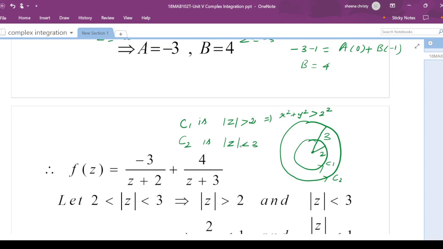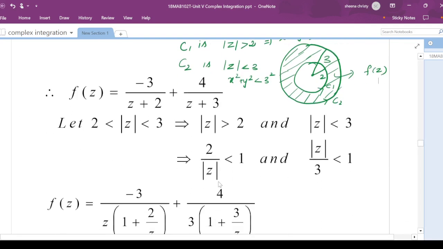Then mod z less than 3 means you have to consider the interior of the circle x square plus y square less than 3 square. So this annular part is the region of this integration. Here only the function f of z is defined.